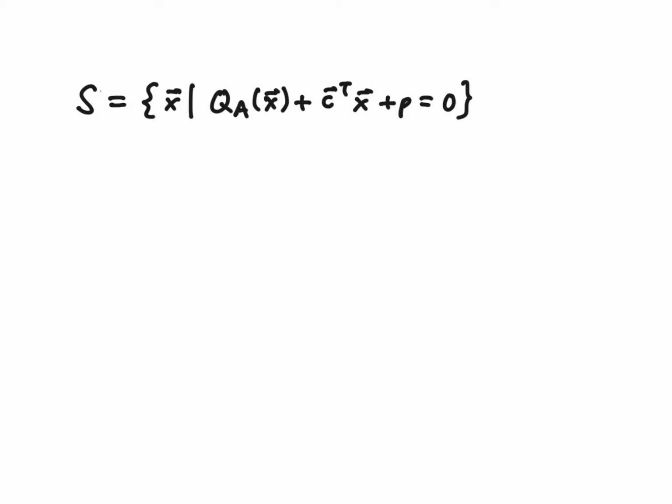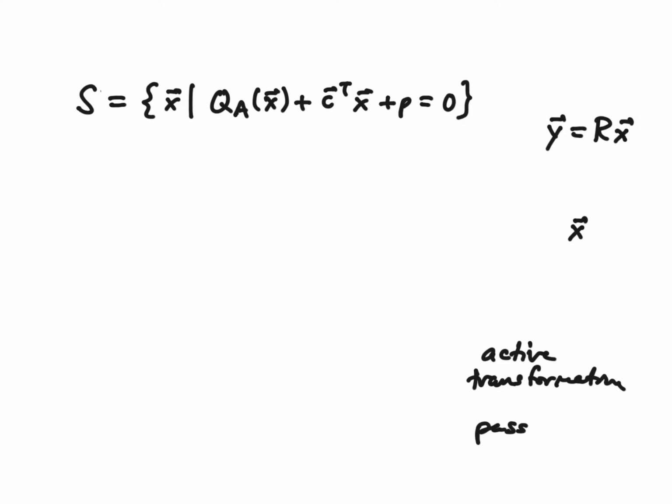Now what I want to do is write this set in terms of the variable y, where y is R times x, the rotated version of x. It's like a rotation of the coordinate system. X is representing an arbitrary vector in the given coordinate system, and then you're taking that vector and rotating it. There are two viewpoints on this: the active transformation viewpoint and the passive transformation viewpoint.